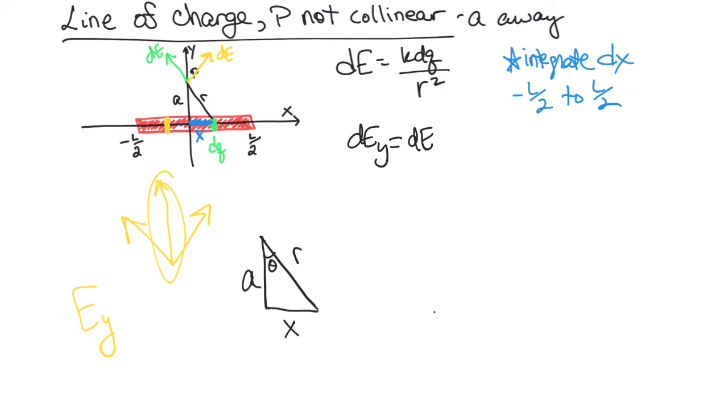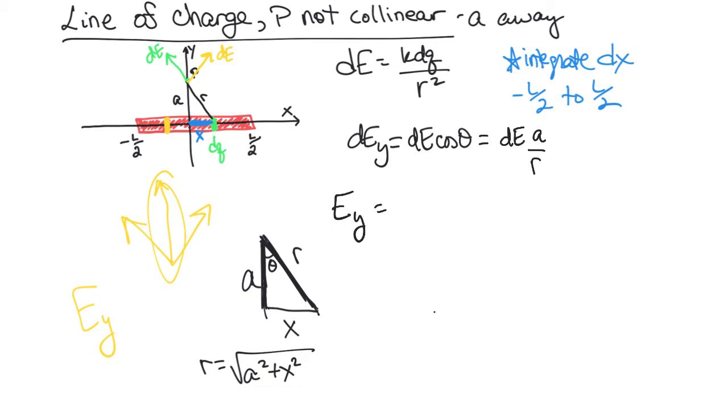Does that make sense? In this triangle, cosine theta is adjacent over hypotenuse, so it's a over r. You're also looking at this triangle and seeing that r is the square root of a squared plus x squared.